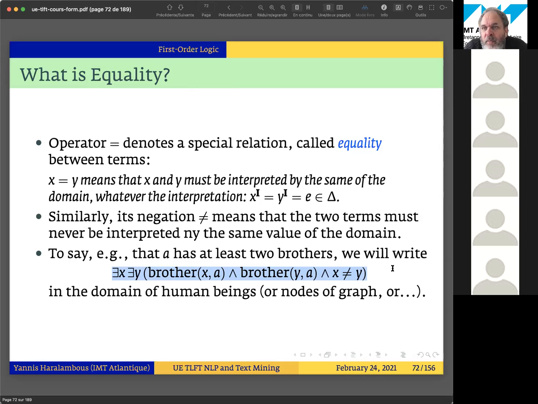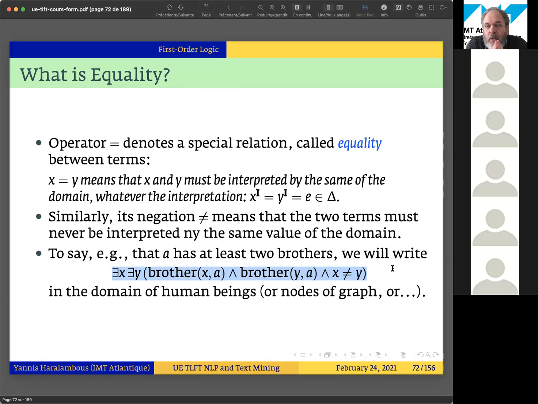What is the trap? The trap is A could be X or Y. Exactly. I haven't mentioned A. And A could be X or A could be Y.